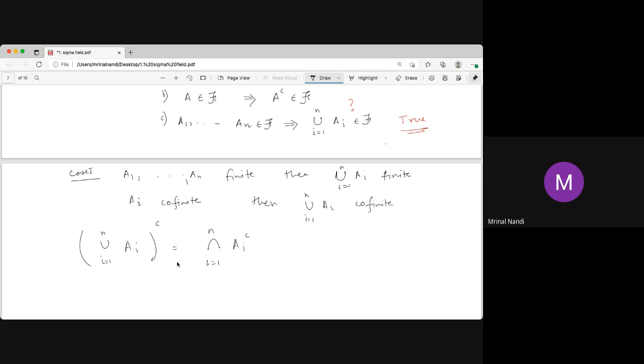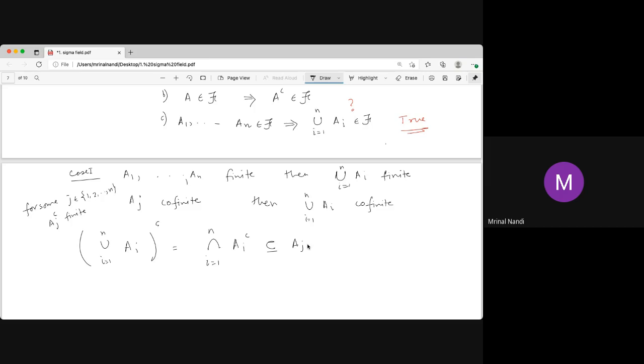Now, for some J in 1 to n, say A_J is cofinite. Then A_J complement is finite. The intersection of the complements is a subset of A_J complement, because an intersection A1 intersection A2 intersection A3 and so on must be a subset of every set.